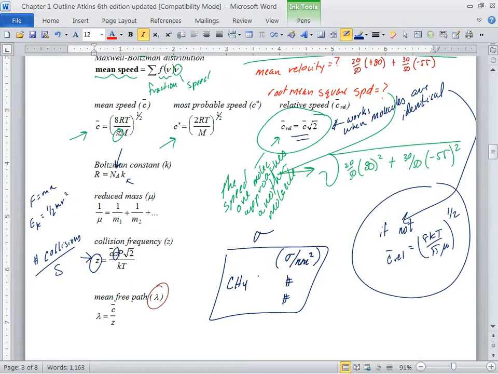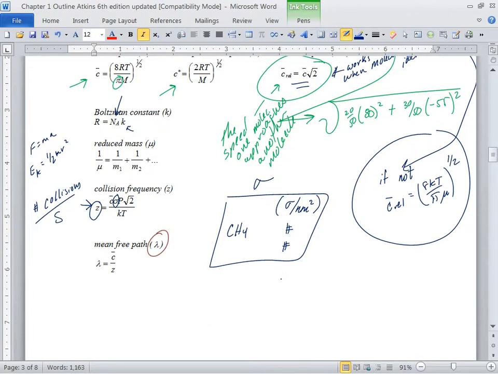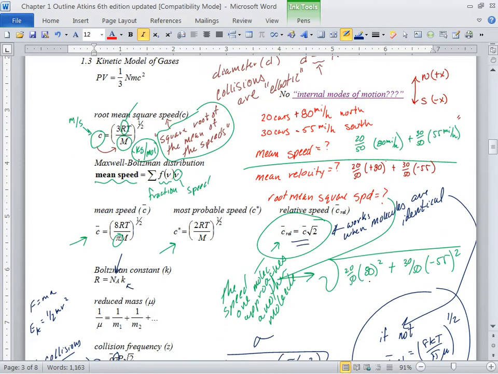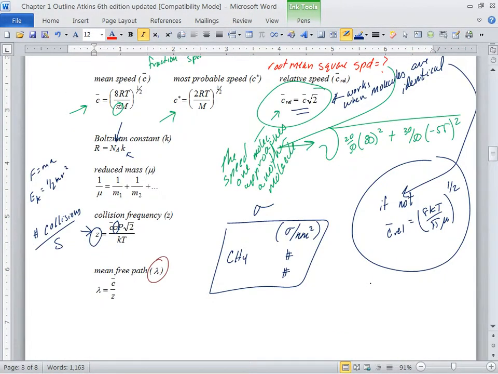It's not so bad. And we already kind of talked about mean free path, but you can calculate it for any gas at any temperature. What's the average distance between collisions? Just divide c bar, what do we call c bar? Mean speed. Divide the mean speed by the collision frequency, and we'll get our mean free path.